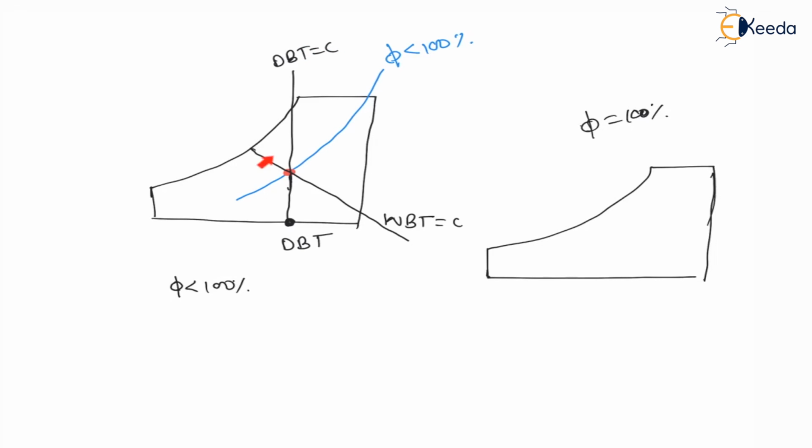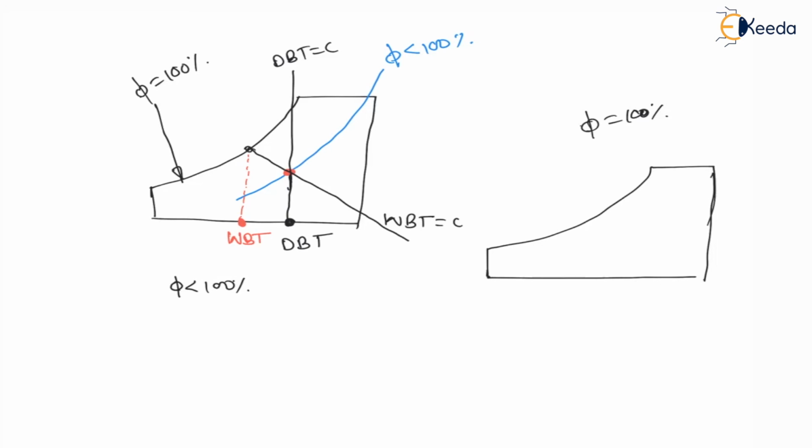Now whenever this wet bulb temperature line touches the relative humidity equal to 100% line, then we will get one point. From this point we will get the wet bulb temperature. Therefore the wet bulb temperature will be somewhere here. See, you can see here the dry bulb temperature is more than the wet bulb temperature, right?